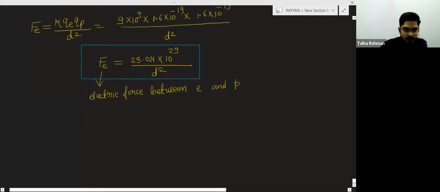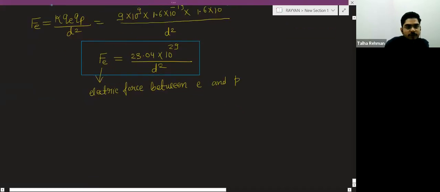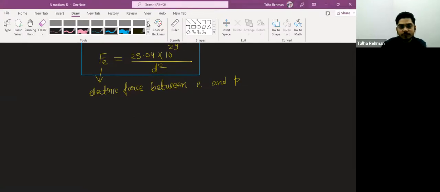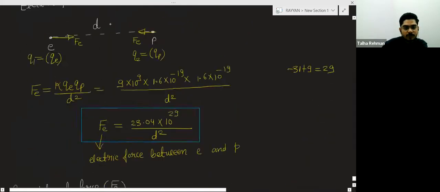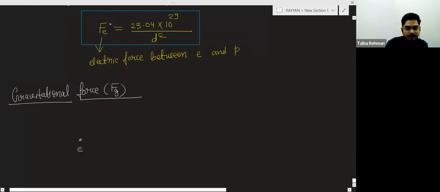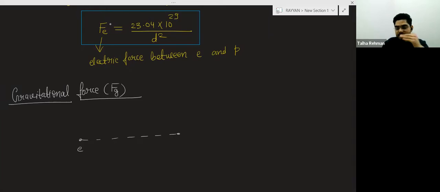So for the gravitational force we will compare. F suffix G is the gravitational force. When we are comparing something, we take some parameter the same.